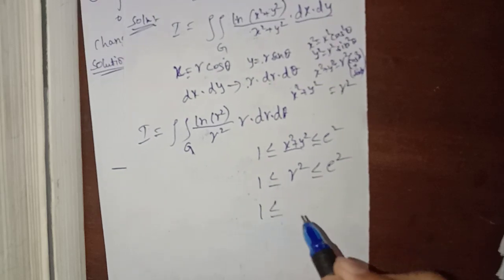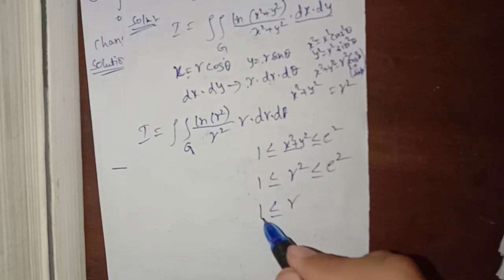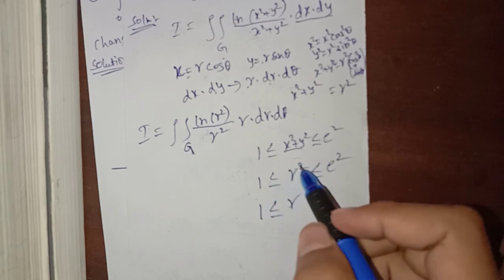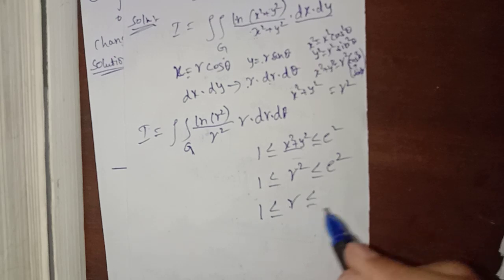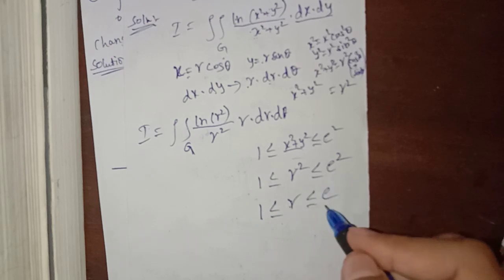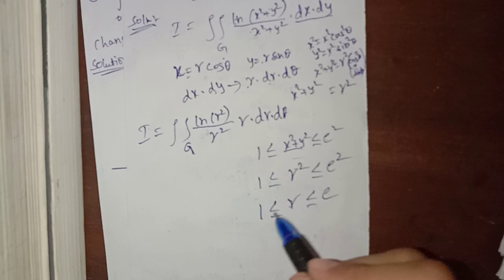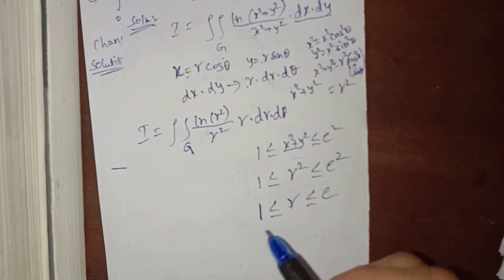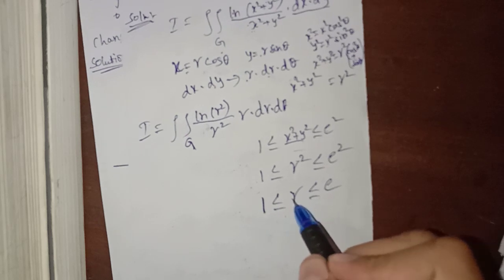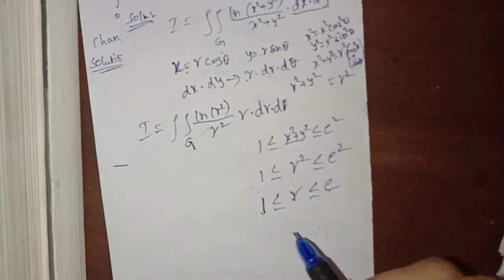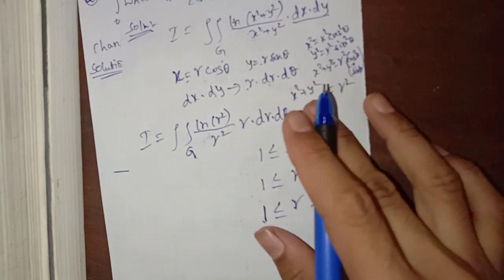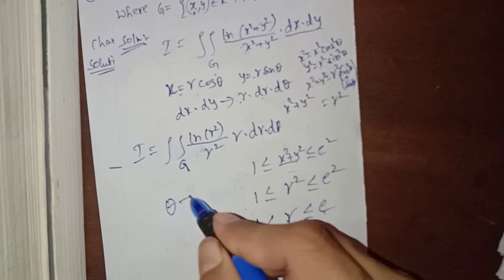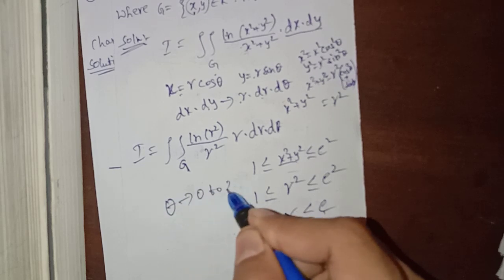Then r is greater than or equal to 1 if we take the root, and r is less than or equal to e, since root of 1 is 1 and this is root of e square. So r lies between 1 and e, and theta is the angle, it is from 0 to 2 pi.